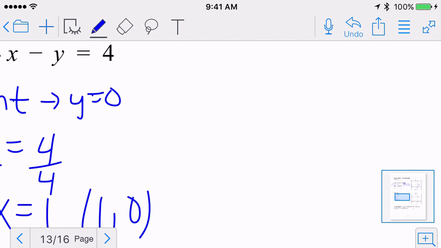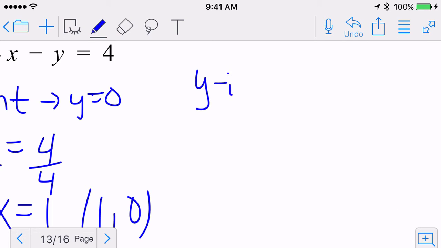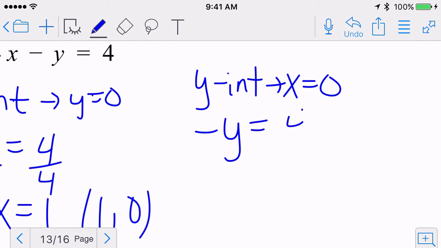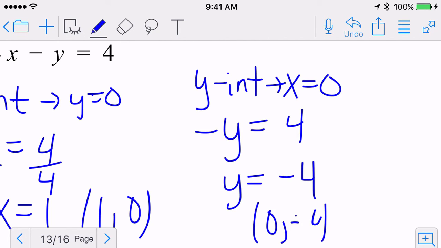And then our y-intercept, where x is equal to 0, well, we know then that we would have negative y is equal to 4. Okay? And then make sure you're getting rid of that negative. That would give us y is negative 4. Okay, you can multiply by negative 1, divide by negative 1, or just think of doing the opposite. That would give us (0, negative 4).